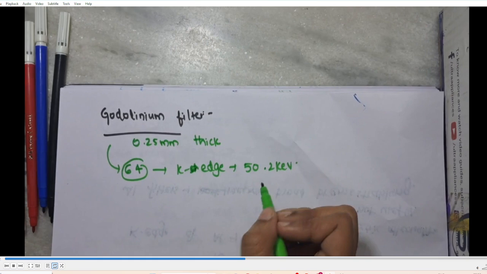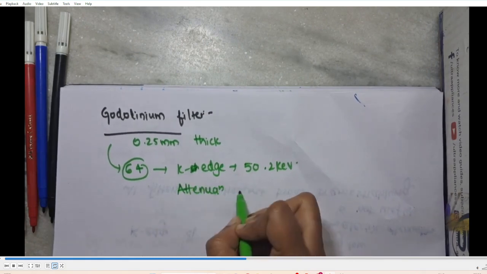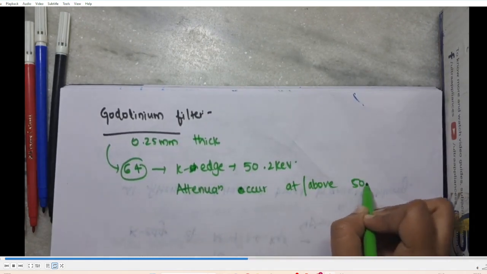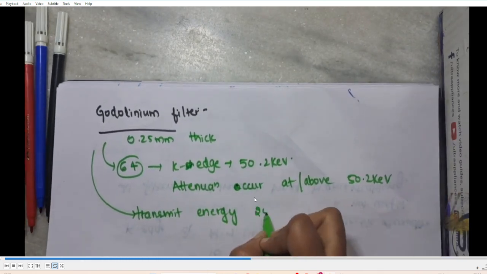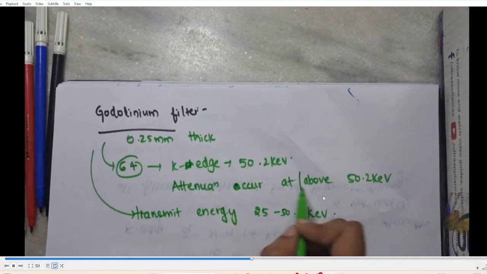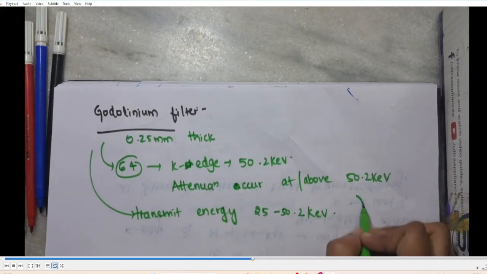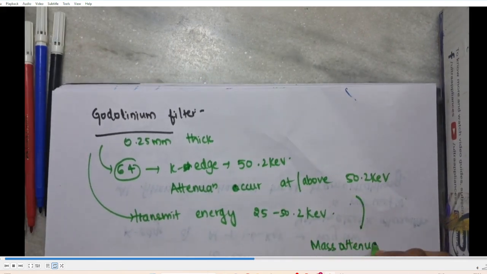Gadolinium has an atomic number of 64 and its K edge is 50.2 kilo electron volts. So the gadolinium filter will attenuate X-rays at or above 50.2 kilo electron volts, and it transmits the energy from 25 to 50.2 kilo electron volts.